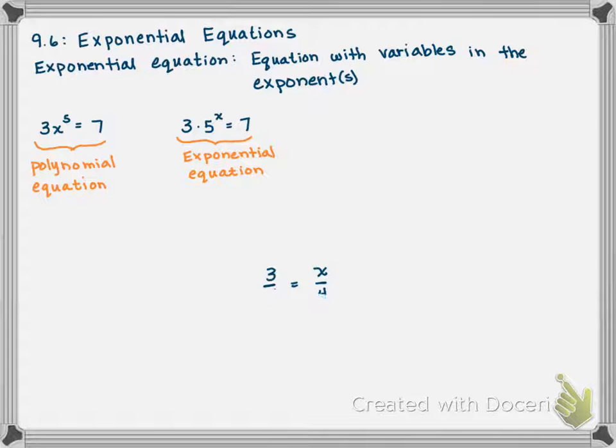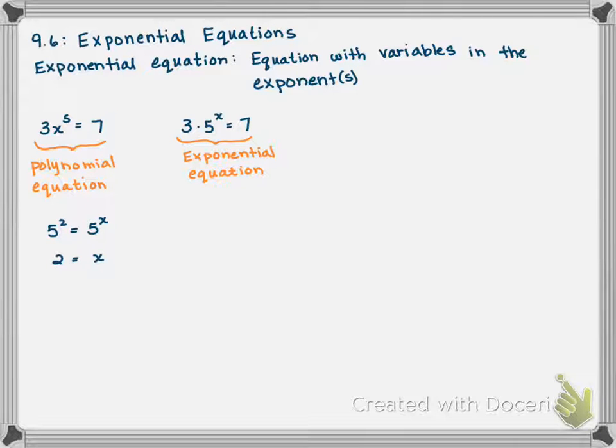So we can do the same thing with exponents. If I have 5 squared equals 5 to the x power, well, there's only one thing I can raise 5 to in order to get 25, right? x has to be 2 because both sides have equal value, the bases are the same, and so the exponents have to be the same too. In order to get 5 squared, you have to raise 5 to the second power. And so x would have to be 2.